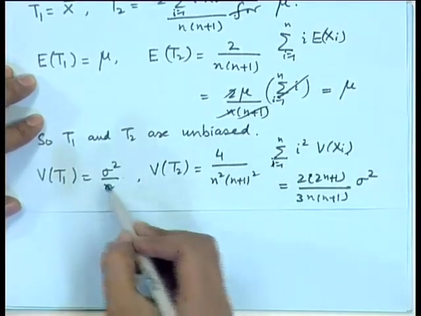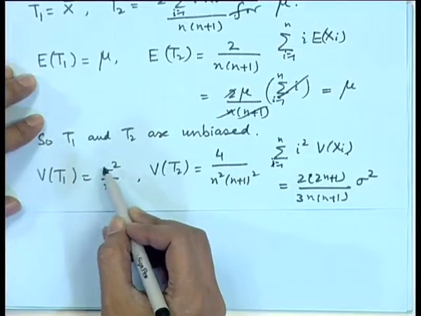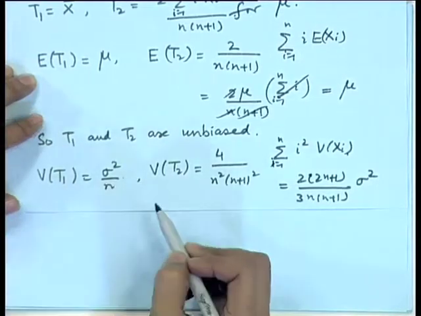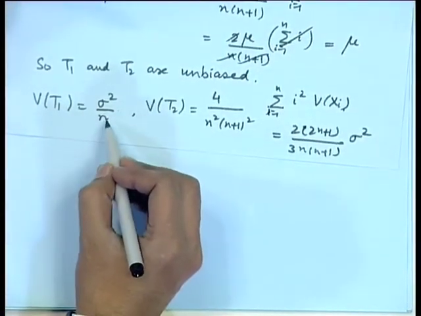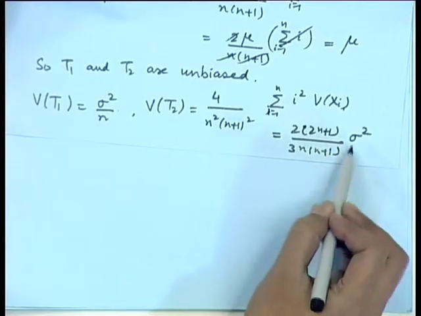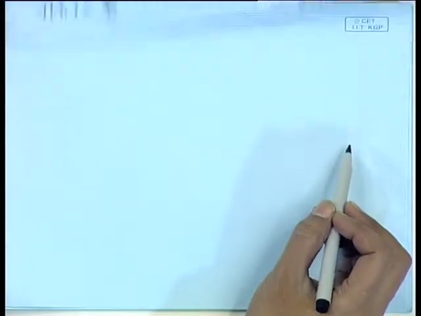So, now the question is that we can also check the consistency here. For example, both of them are unbiased and variance of T1 goes to 0 as n tends to infinity, variance of T2 also goes to 0 as n tends to infinity.